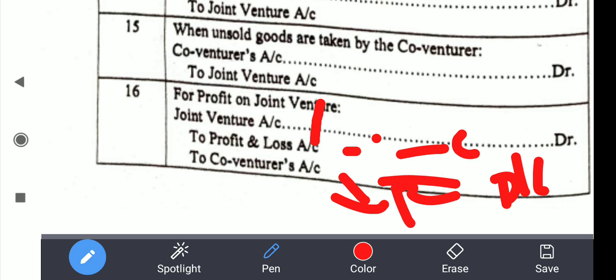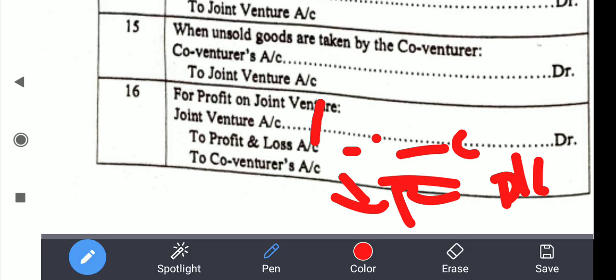Because in the books of Chandra, we don't write the name Chandra; instead of Chandra, you have to write profit and loss account. Then in the books of Ramya, you have to write only profit and loss account. We don't write Ramya account; instead, we write profit and loss account in the books of Ramya. Like that.